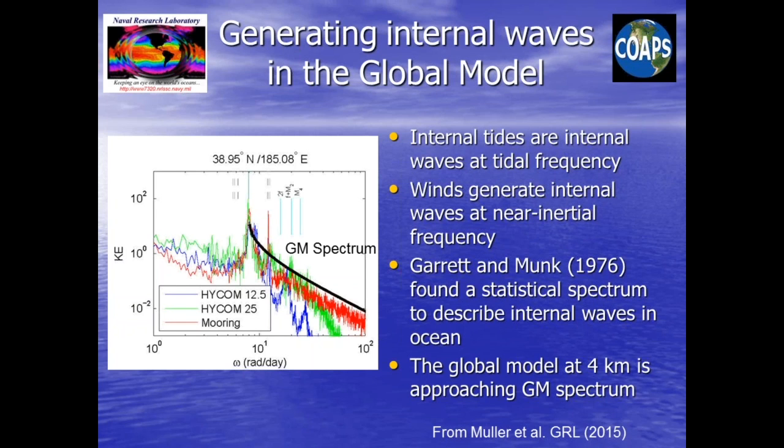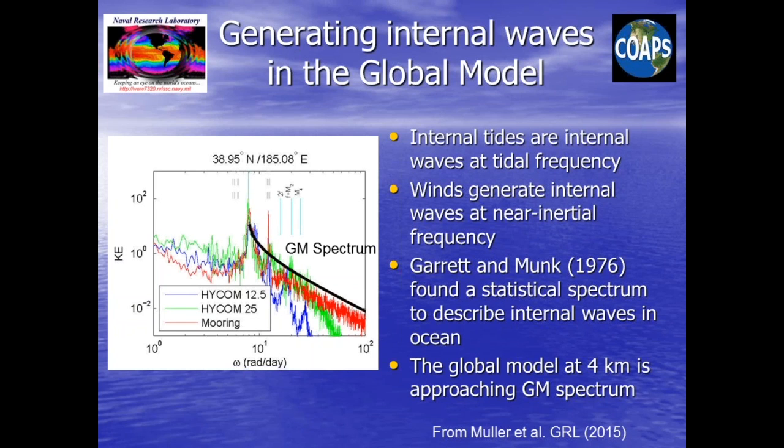And I think you can see that with this increasing resolution, you're seeing more and more internal wave energy appearing, and we're beginning to get the model to approach the observations in its character.